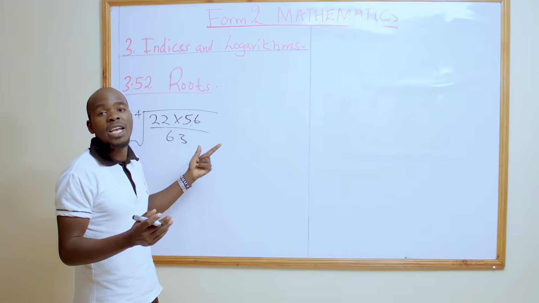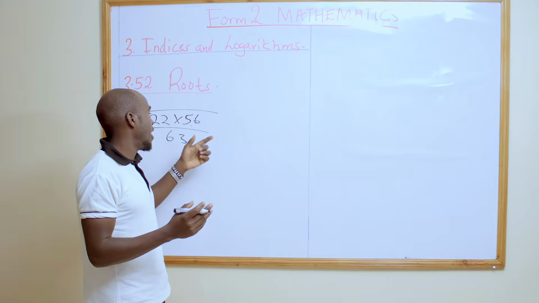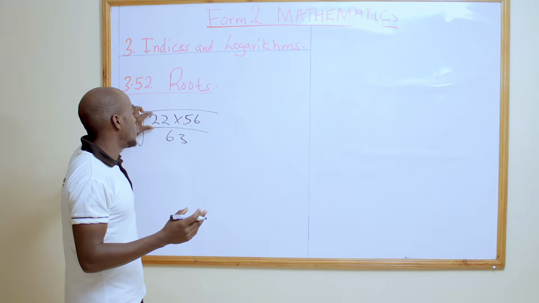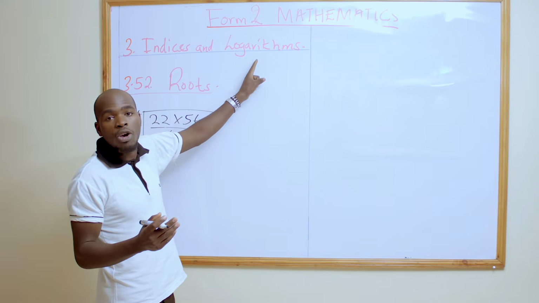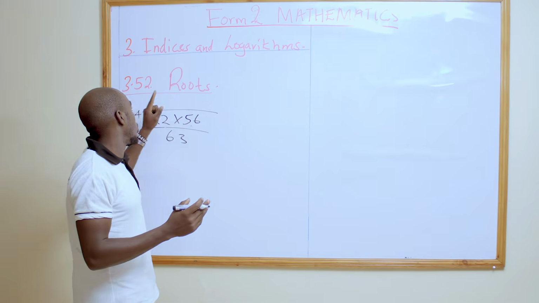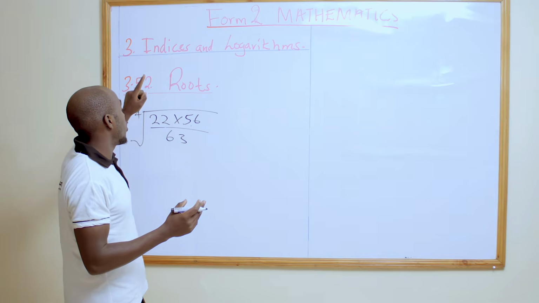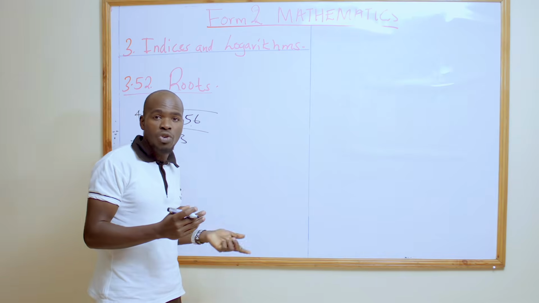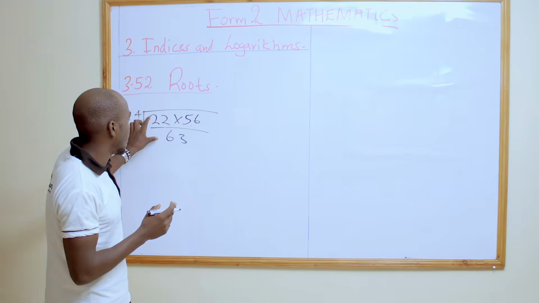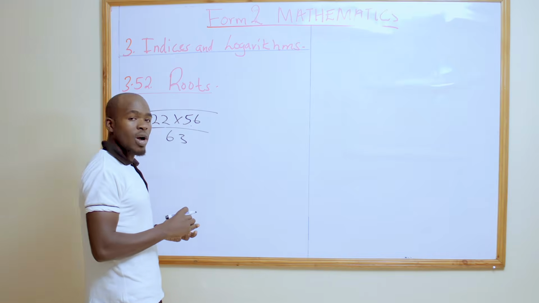Whatever you do, just follow BODMAS. Then from there, work out the numerator first, then the denominator, considering the logarithm laws together with the indices laws. Then you find the fourth root of the value you have found. We shall consider this example and work it out and see what we shall find.